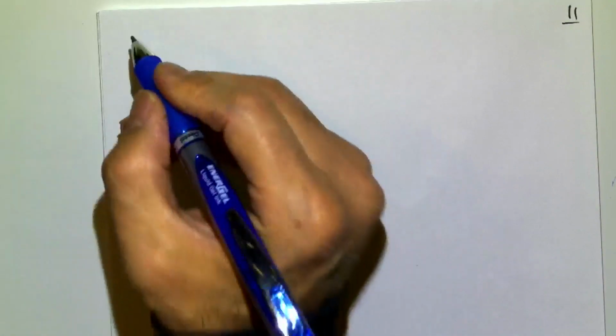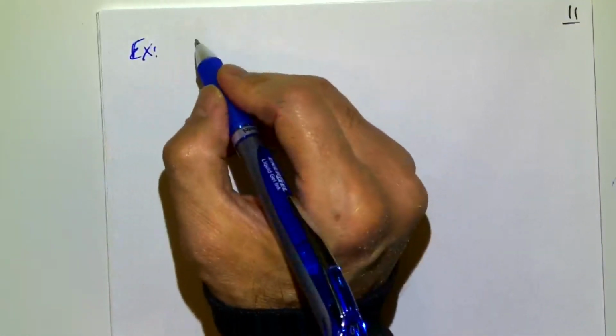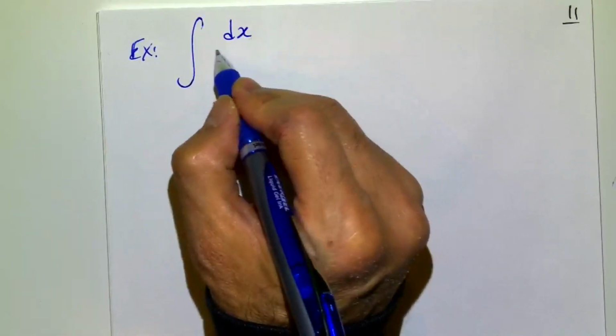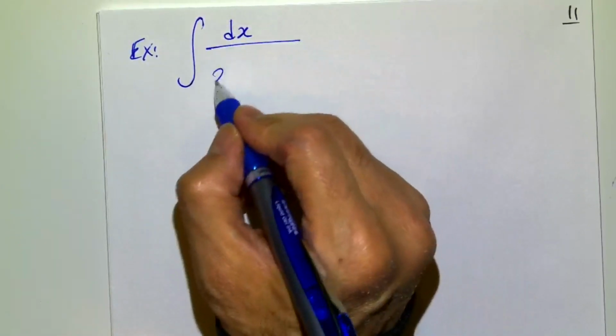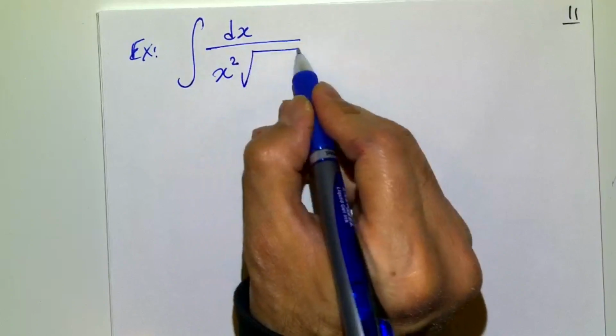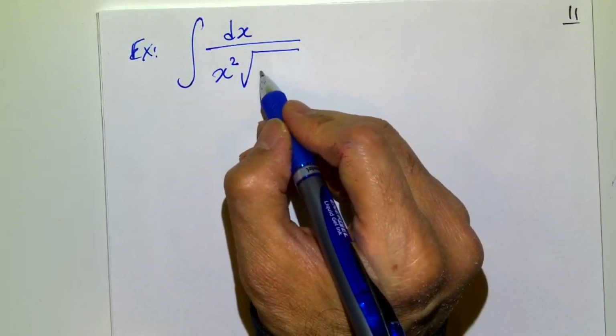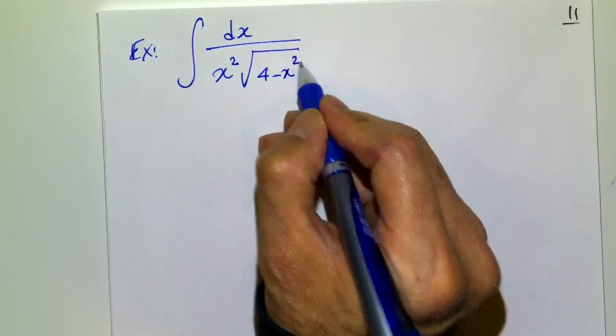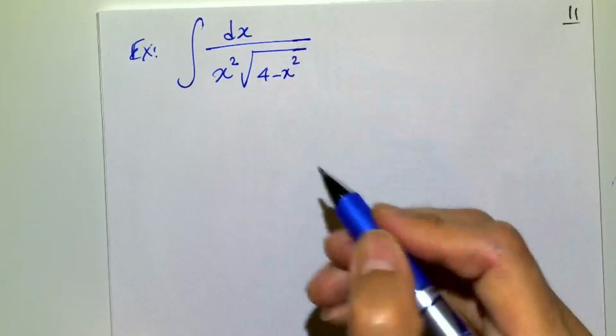So suppose we want to integrate this expression, dx over x squared times the square root of 4 minus x squared. Okay.